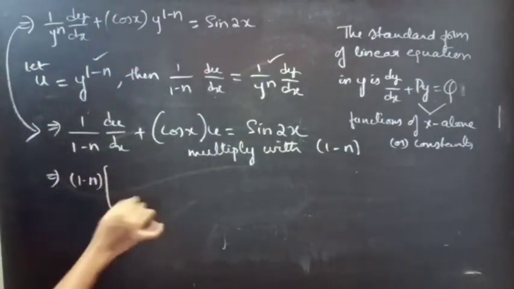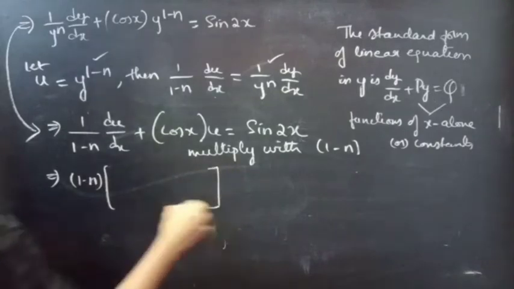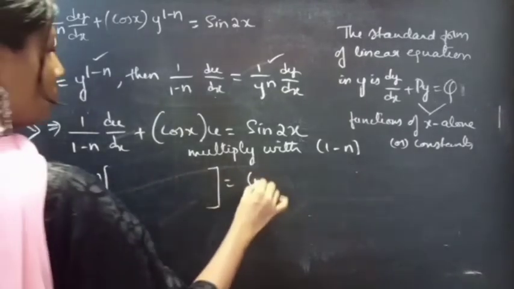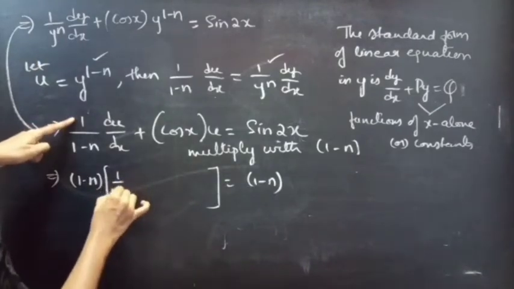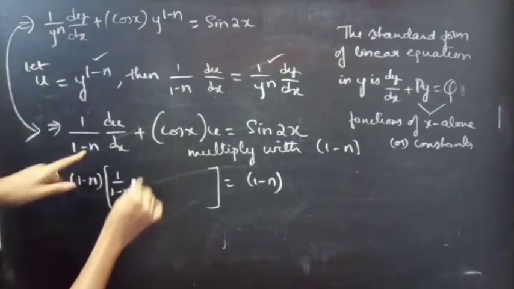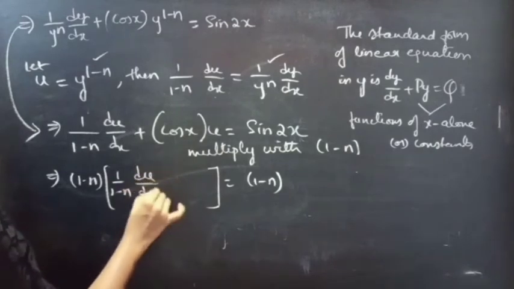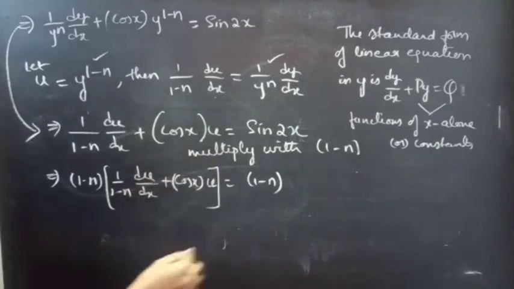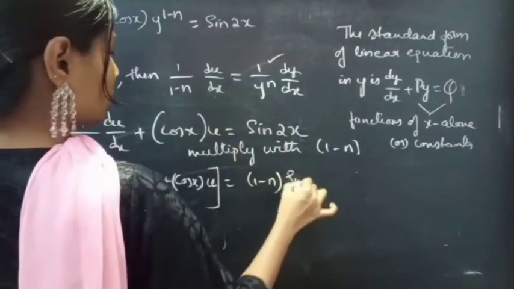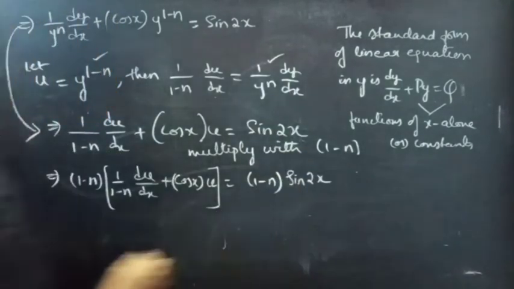Let's see what happens if we multiply both sides of the equation with 1 minus n. Then you'll get 1 minus n into 1 by 1 minus n into du by dx plus cos x into u equals 1 minus n into sine 2x.